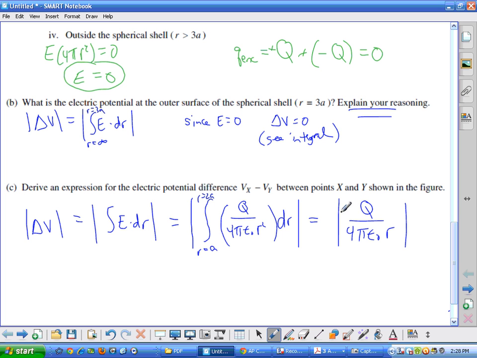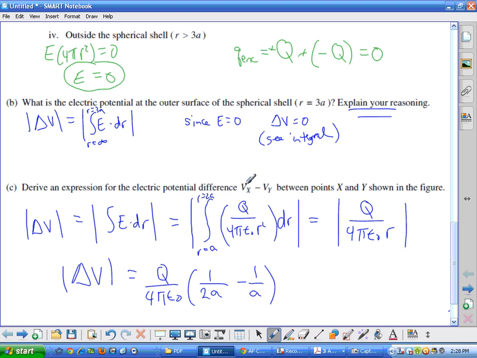There are several negative signs here. We're going to be able to figure out which of these points is at a higher voltage based on what direction the electric field points. And so the magnitude of the voltage difference is going to be q over 4 pi epsilon 0 times 1 over 2a minus 1 over a.